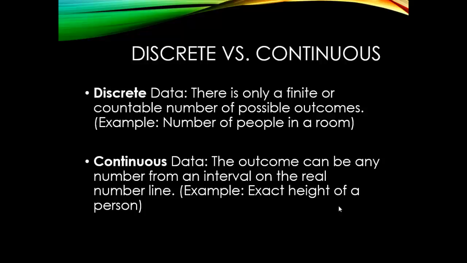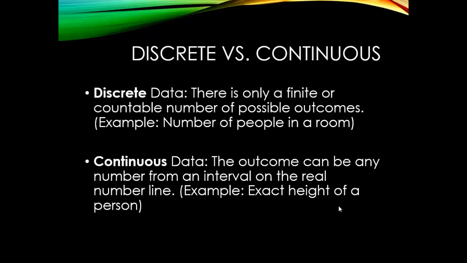In other words, between every 2 numbers, there might be another number there. So it's the same with measurements of volume and weight. Even though your scale might not be that precise, weight is a continuous variable.